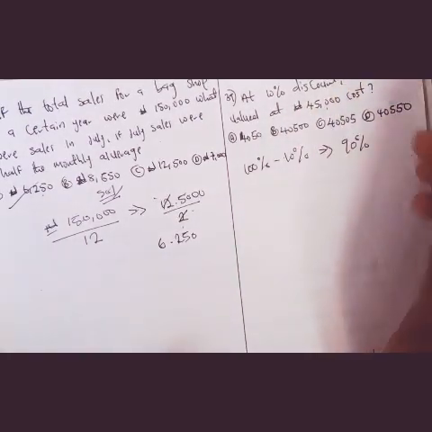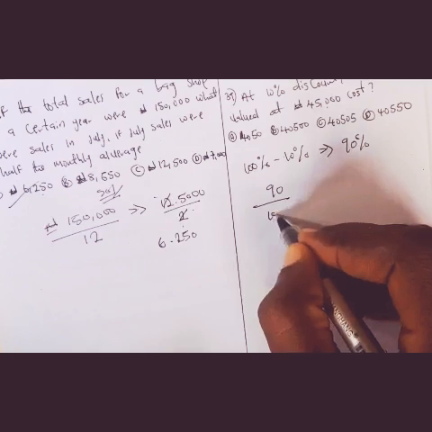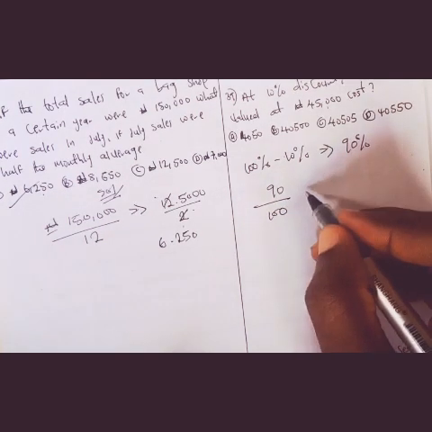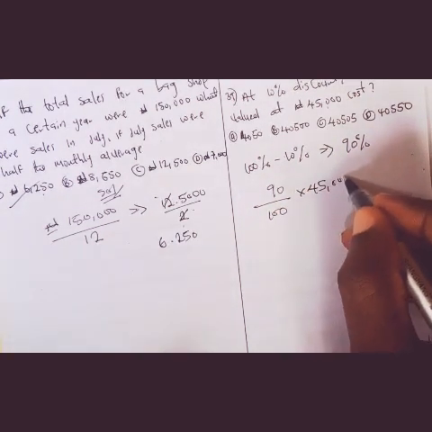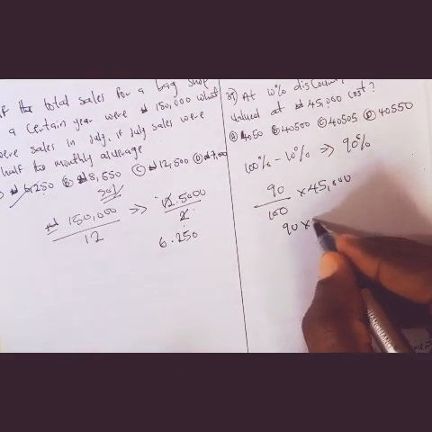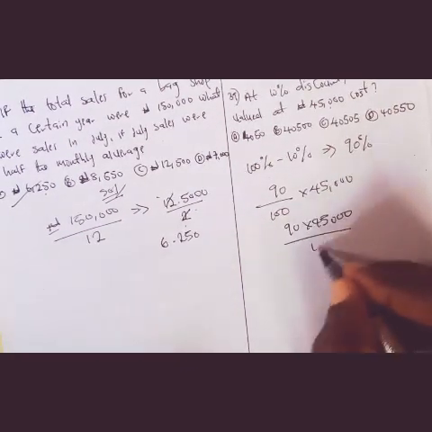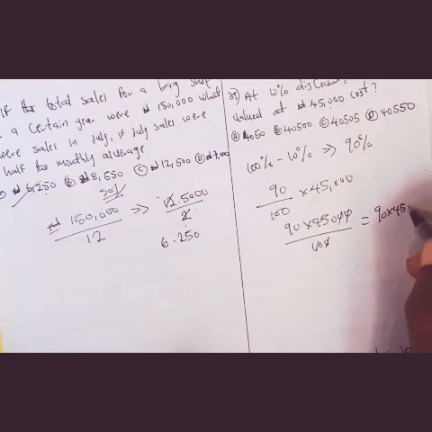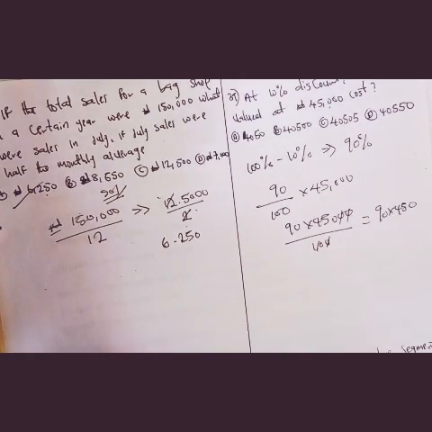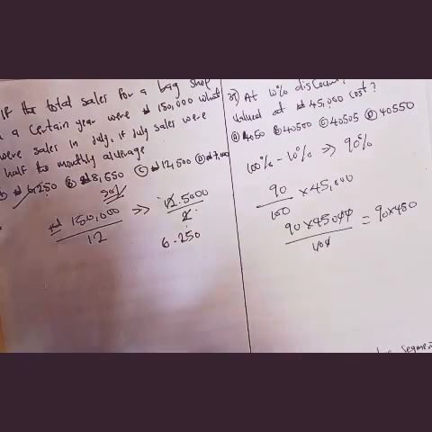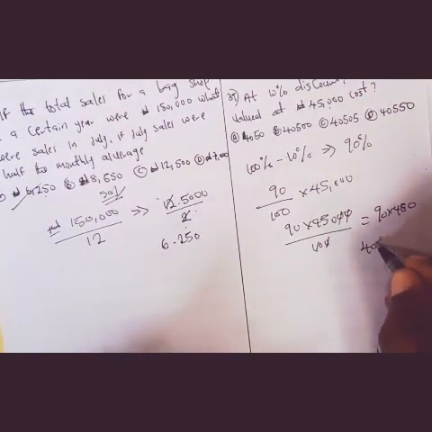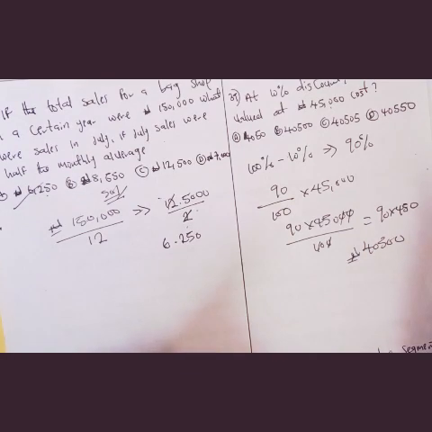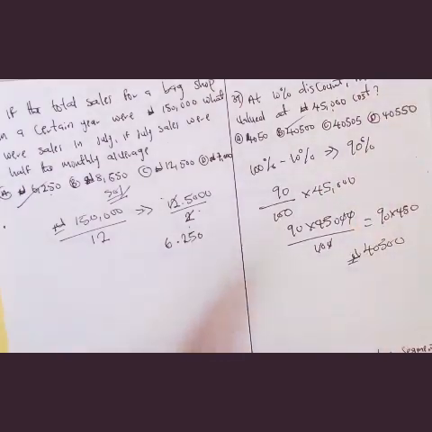So we have 90 over 100 multiplied by 45,000. 90 multiplied by 450 is 40,500. So this is the actual amount to pay instead of 45,000 naira. That's option B for me.